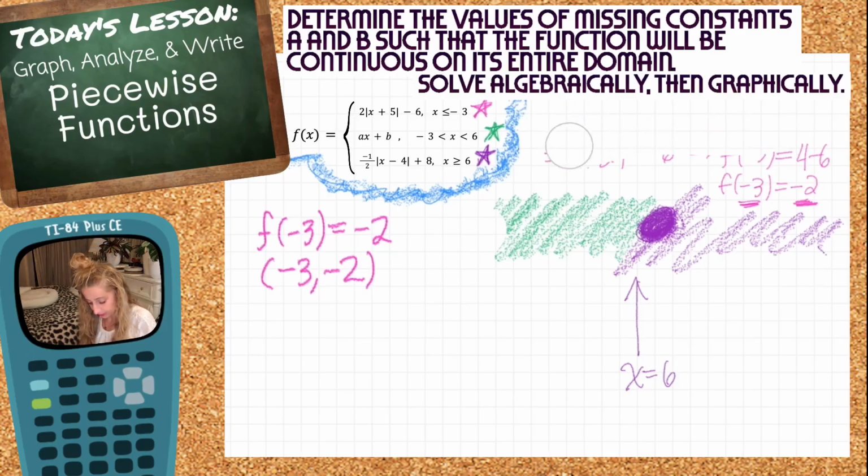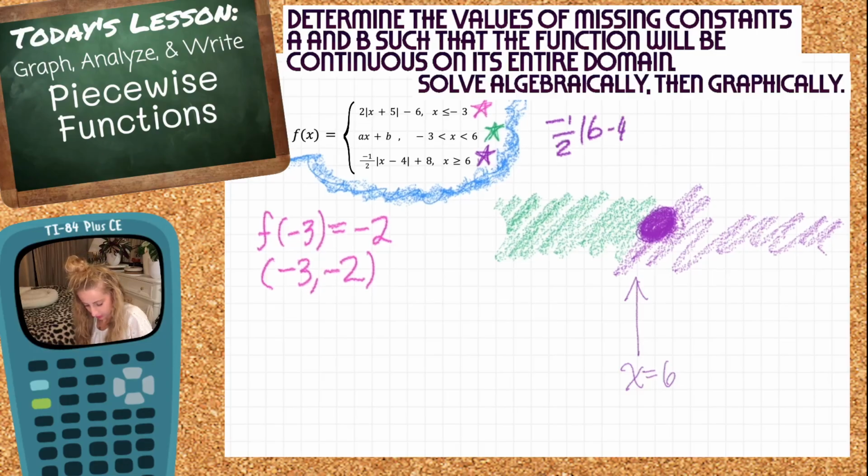From there, now I'm going to figure out where the purple graph starts. I know it's starting with the x value of 6, so I'm going to do basically the same thing. That means I'll have -1/2 absolute value of x minus 4, which is 6 minus 4, and plus 8. Cleaning it up a little bit, -1/2 absolute value of 2 plus 8.